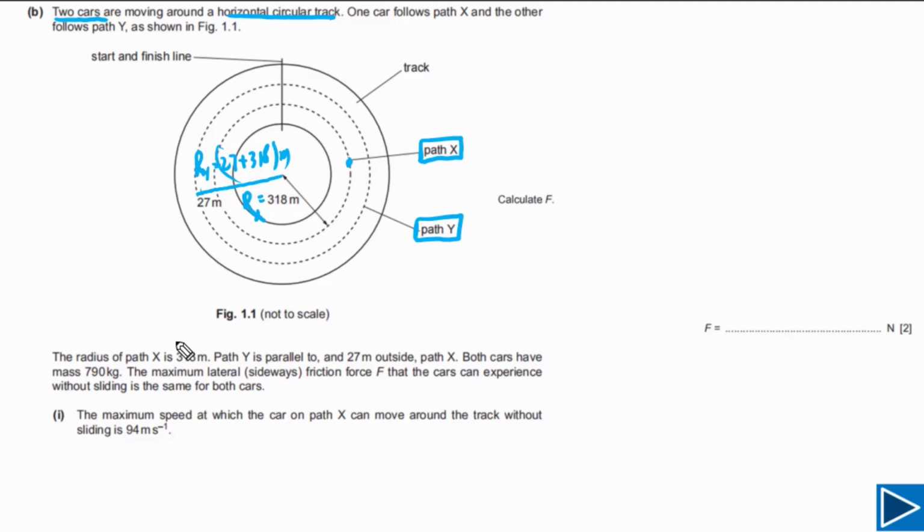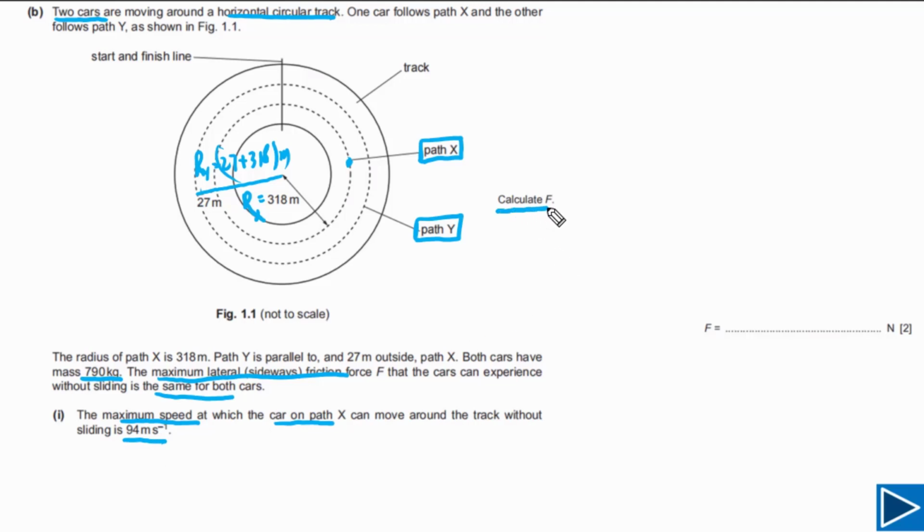It is also given that the mass of each car is 790 kilograms, so they have the same mass, and the maximum sideways frictional force each car experiences is also the same. And the maximum speed for the car moving in circle X is given, and that is equal to 94 meters per second.